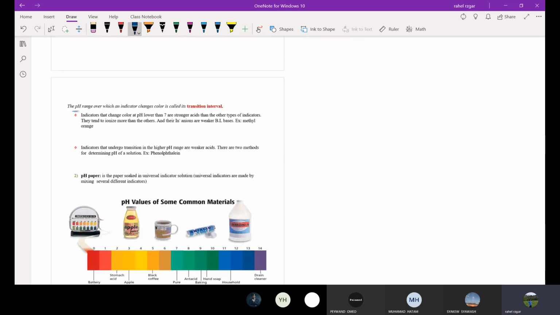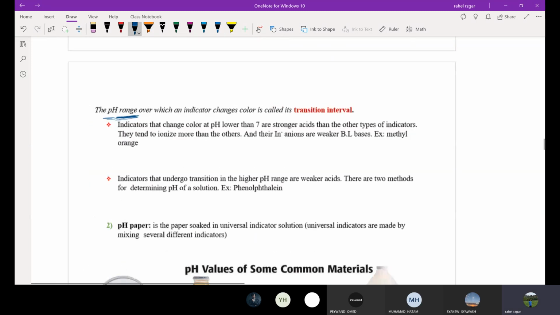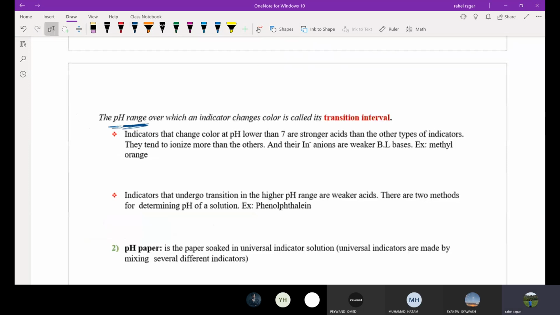We have this definition here. The pH range, the important part here is range. The pH range in which an indicator changes color is called transition interval.